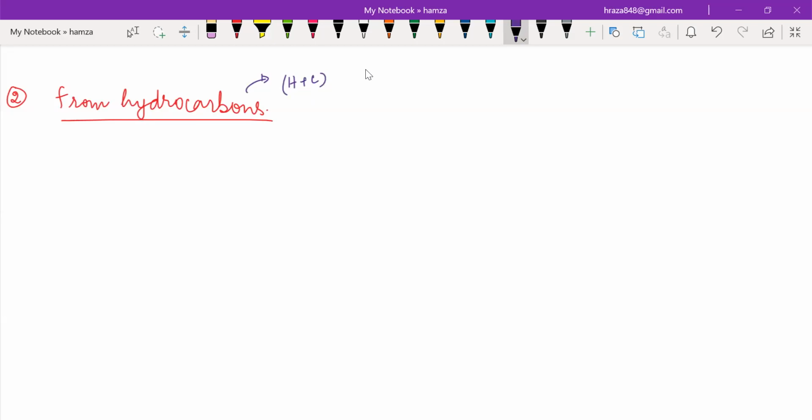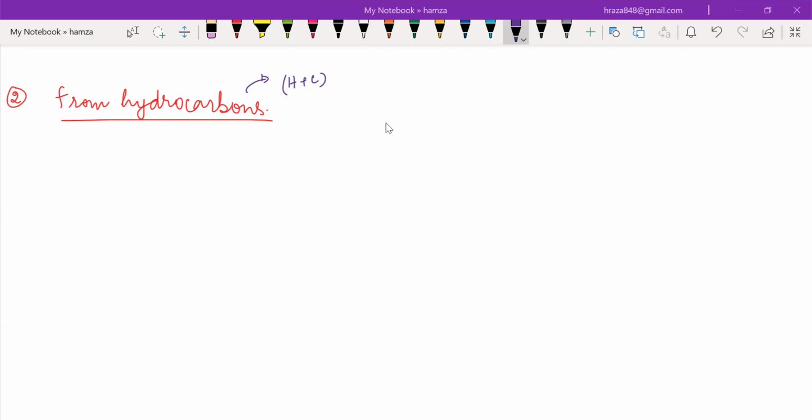So hydrocarbons, you know, are saturated and unsaturated. There are two types of hydrocarbon: saturated hydrocarbon and unsaturated hydrocarbon. Saturated means alkane, and unsaturated means alkene and alkyne. So we are going to prepare haloalkane from alkane first and then alkene.